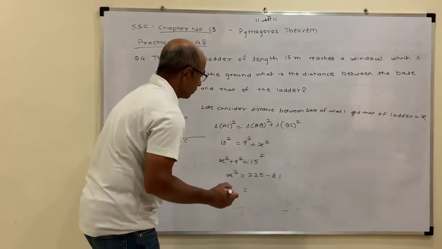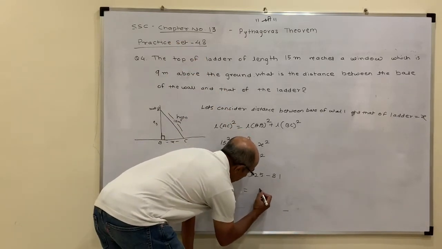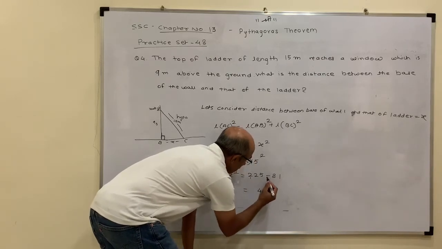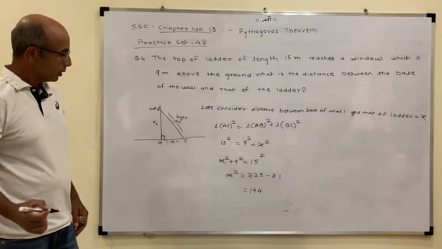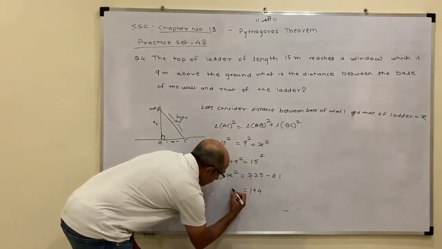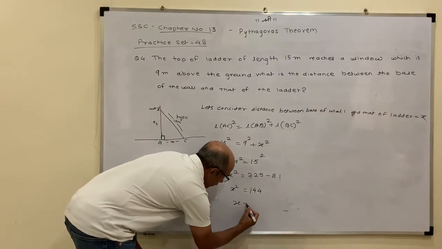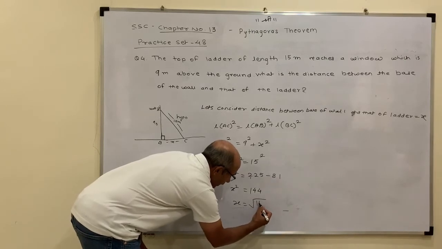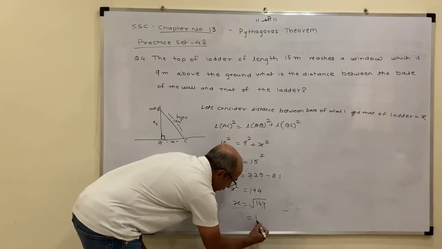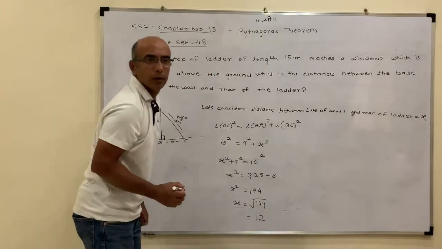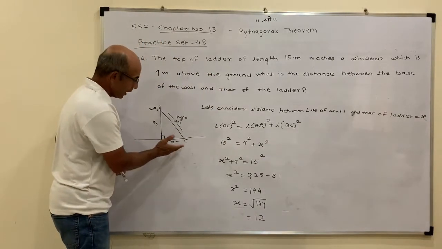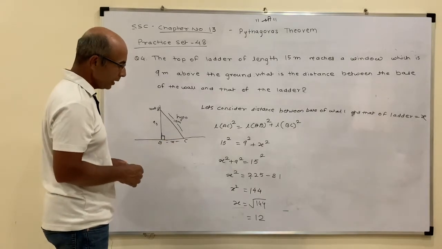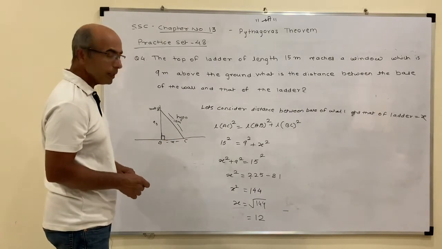So it comes out to be 144. So x equals to square root of 144, so x equals 12. So the distance of the base of the wall and that of the base of the ladder is x, that is 12.